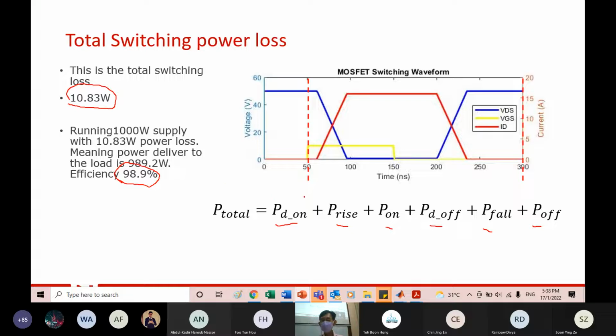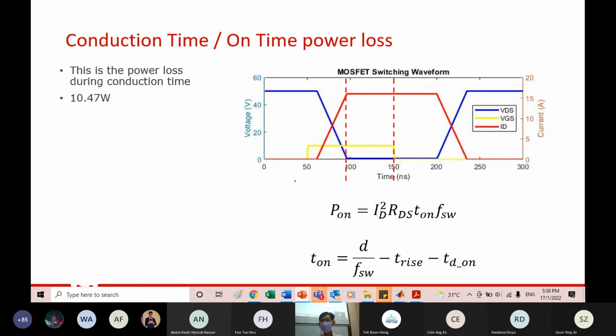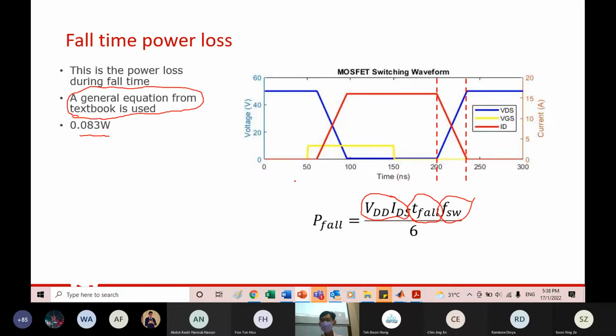So meaning that from all these power losses, you can see which part contributes the largest. It's actually the turn on time. This one contributes, if I'm not mistaken, 10.4. It contributes the most, the rest are very little.